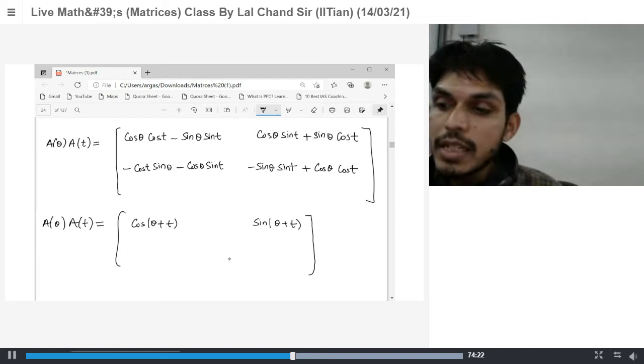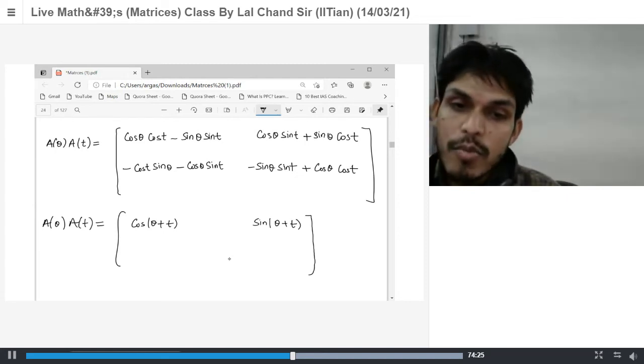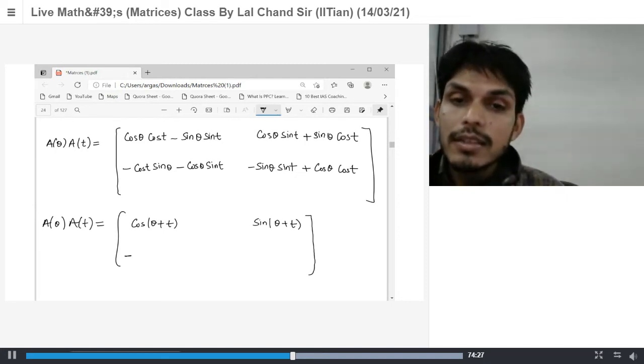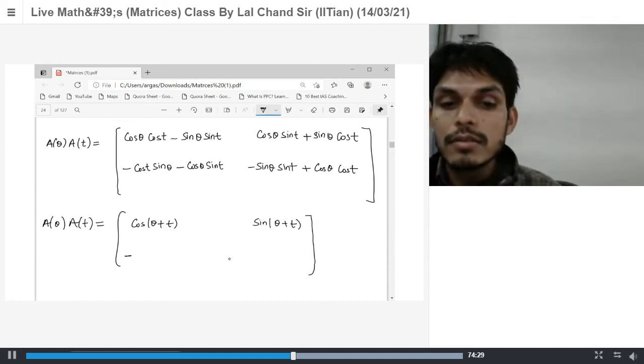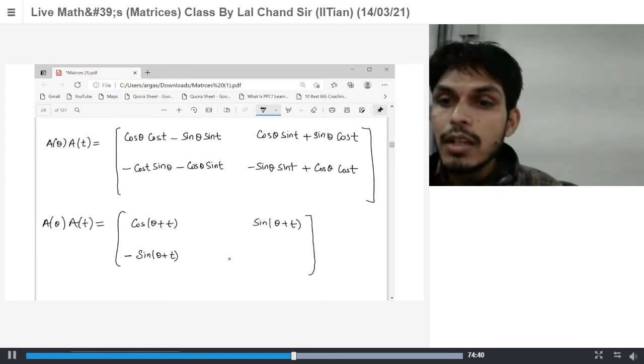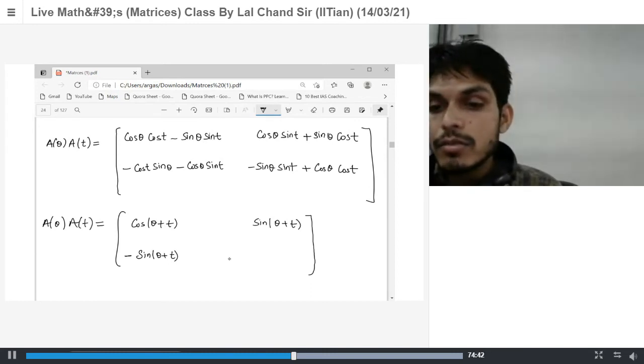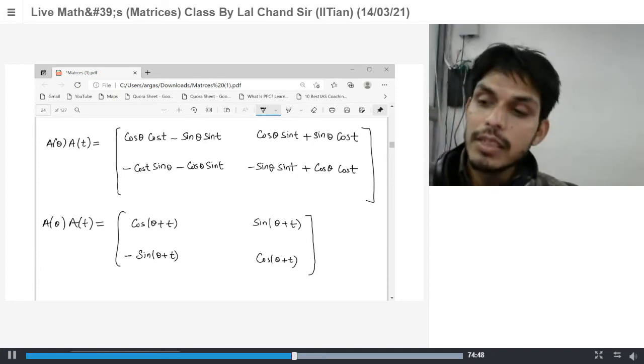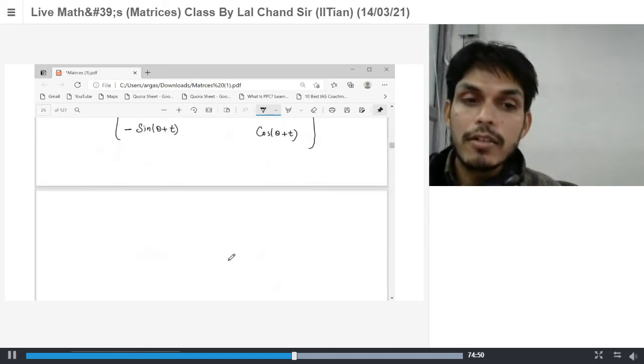If I take the minus sign as common, this is again the sin a plus b formula, so sin theta plus t. And this element will be cos theta plus t. Okay.